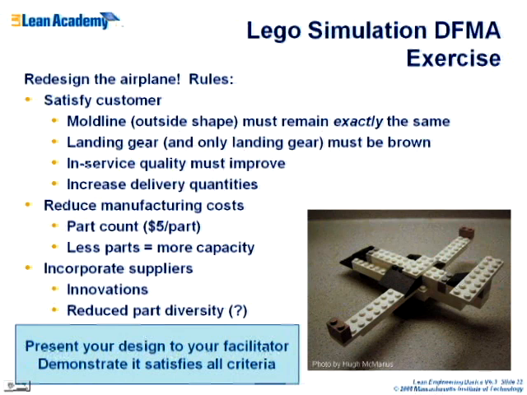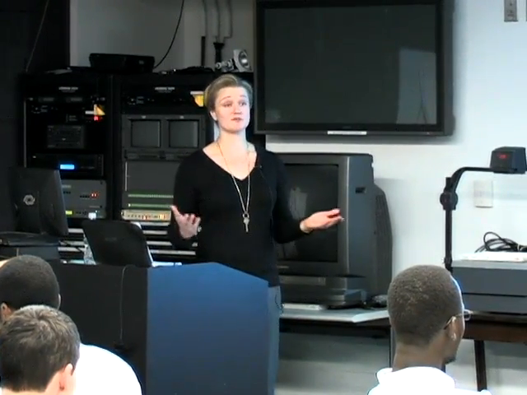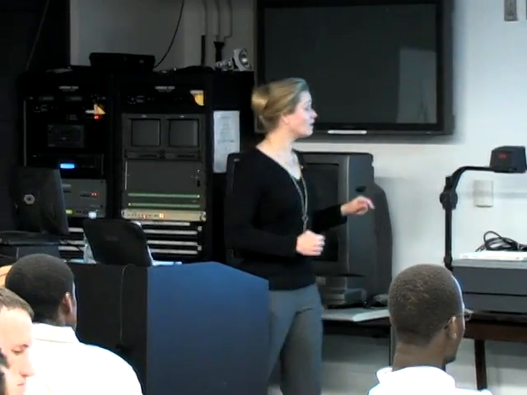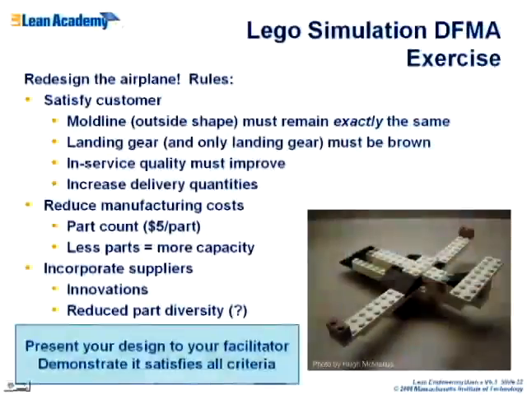You want to think about reducing your manufacturing costs, because this is good for your enterprise. So your parts are going to cost $5 per part, regardless of part. Fewer parts then equals more capacity for you. And thirdly, we want you to incorporate the suppliers. What kinds of innovations could you generate by working better with your suppliers? Could you reduce the part diversity?